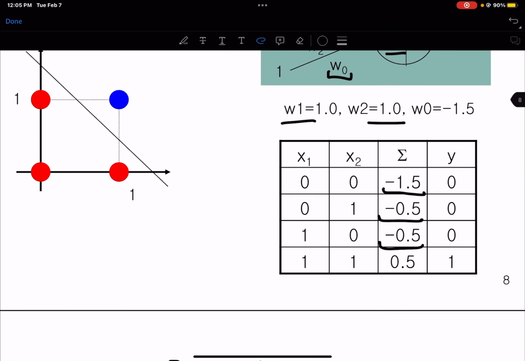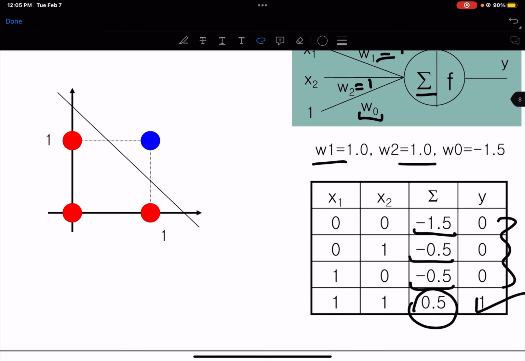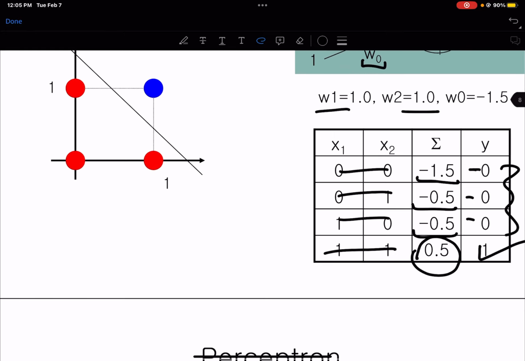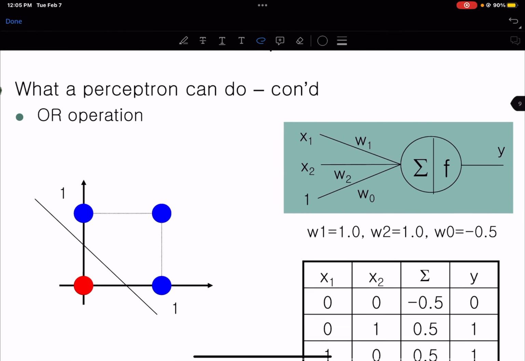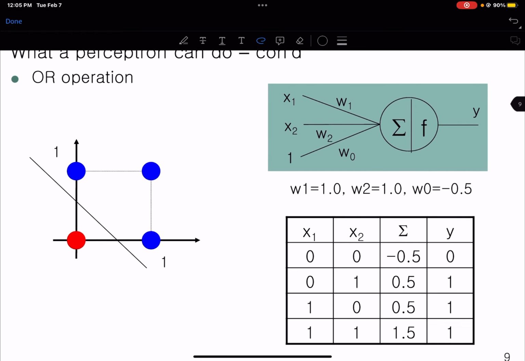So if it is greater than 0, which is 0.5 only in this example, we say it is 1, otherwise it is 0. This is how we define an AND operation. We know that if the values are dissimilar or 0, the AND operation gives us a 0 value, otherwise 1. So this is how we designed an AND operation using a single perceptron.